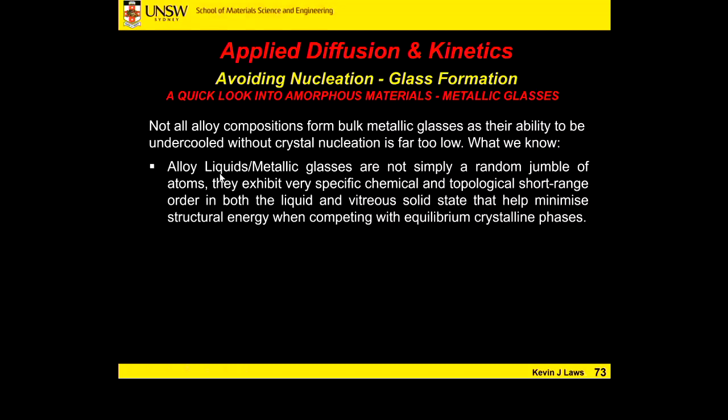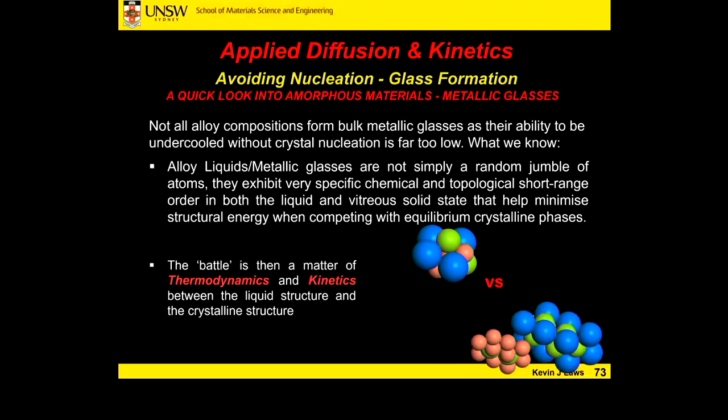So all liquids or metallic glasses are not simply this random jumble of atoms. They exhibit very specific chemical and topological short-range order in both the liquid and vitreous solid state that help minimize structural energy, so it's still about energy, when competing with crystalline phases.